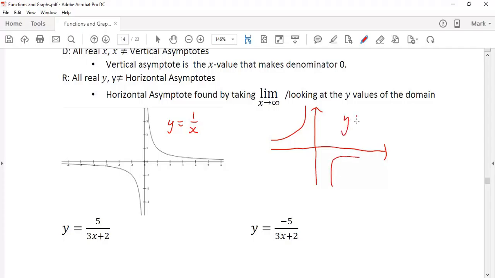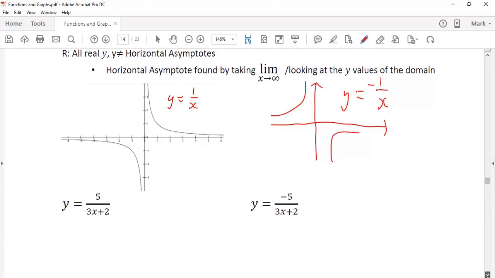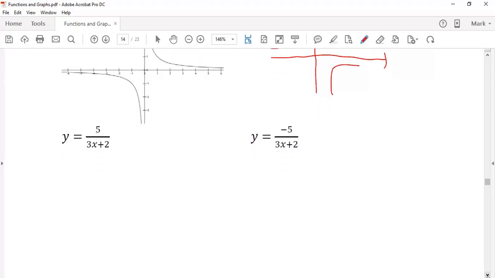So this is one of the most basic ones, y equals negative 1 over x. So with the basic one, just remember the asymptotes are at x cannot equal 0 and y cannot equal 0. So let's get onto some harder ones.